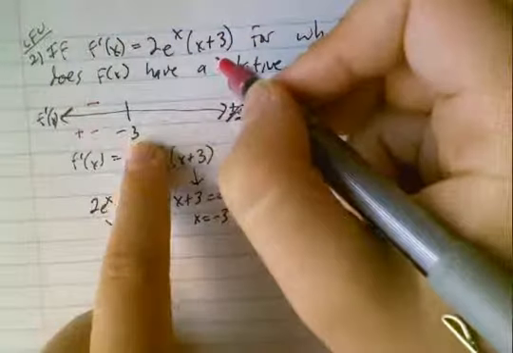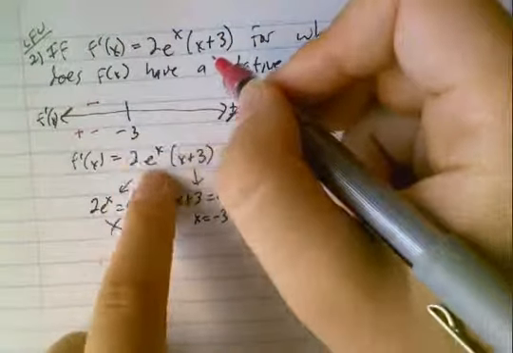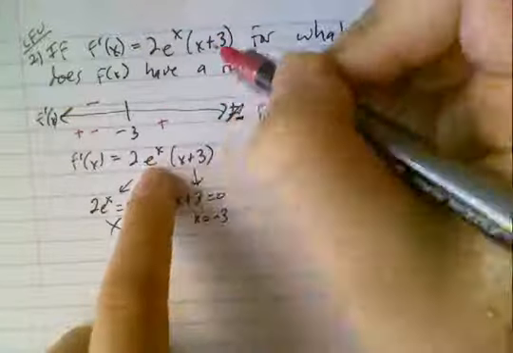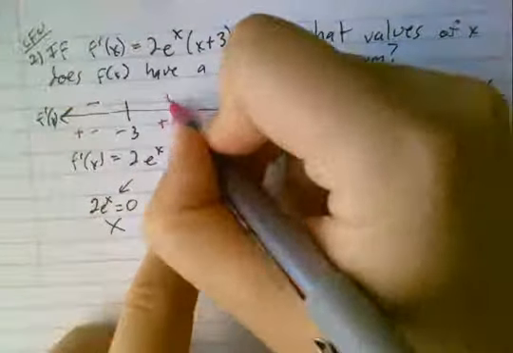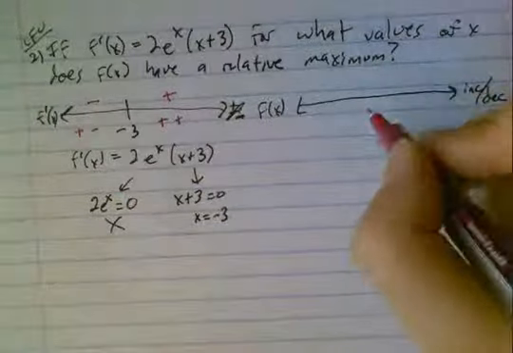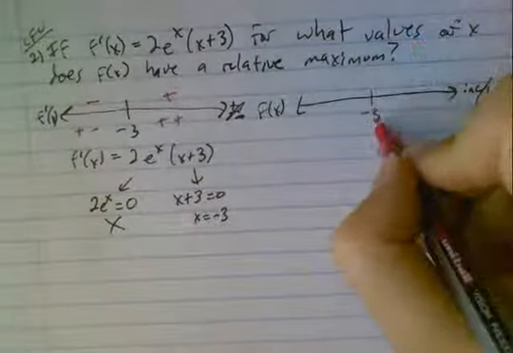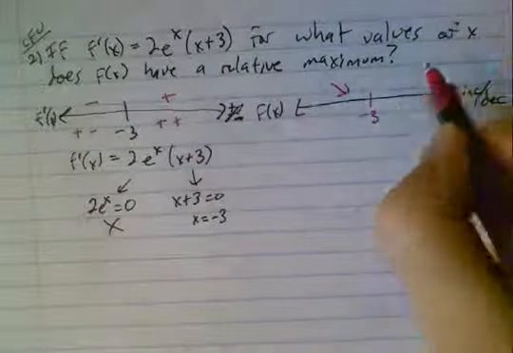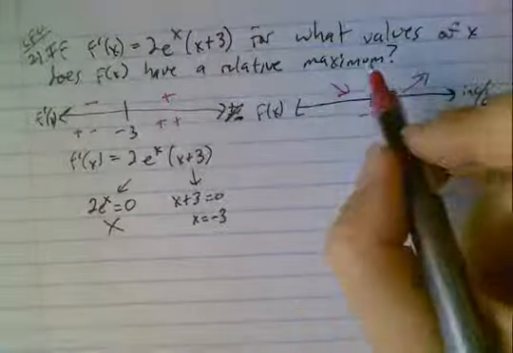A number greater than -3, so let's say 0, 2 times e to the 0 power, well this is always positive. And 0 plus 3, that's going to be positive as well, positive overall. Now we translate, we know this is -3. Negative translates to decreasing, positive translates to increasing.